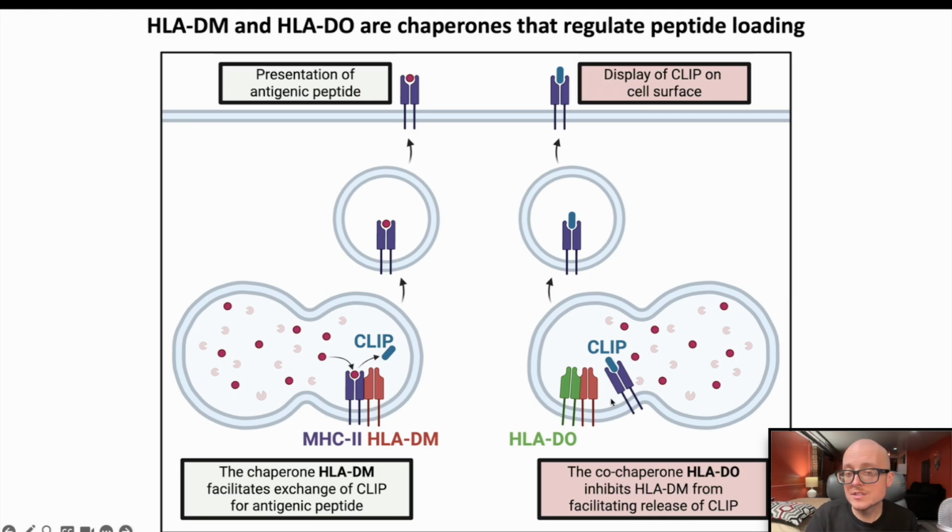And when that occurs, CLIP just remains forever, and eventually enough time passes that the vesicle buds off with the CLIP still in the groove, and actually CLIP can be displayed on the cell surface, although this ends up causing the MHC class II molecule to be functionally silent. There are no TCRs that recognize CLIP as an antigen. And so those MHC class II molecules make it to the cell surface, but they can't activate any T cells.